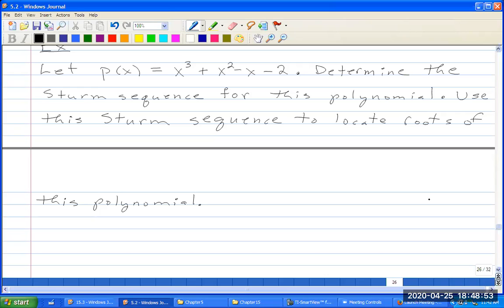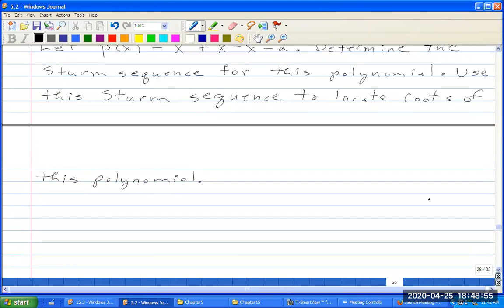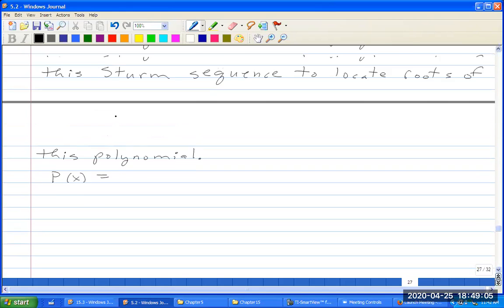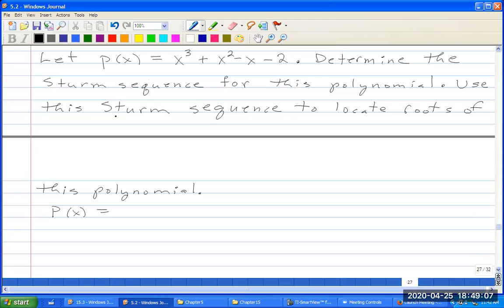So I have p of x equals x cubed plus x squared minus x minus 2.